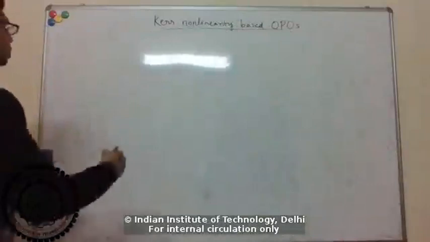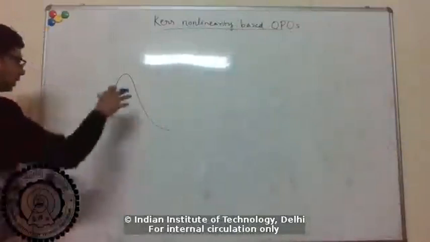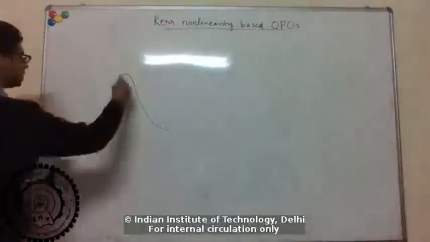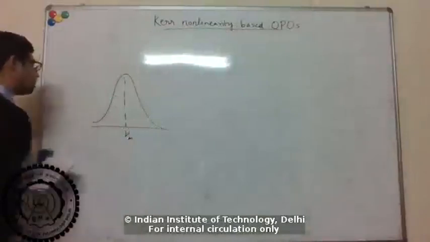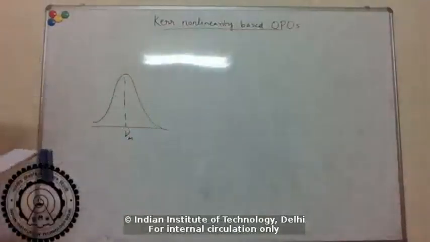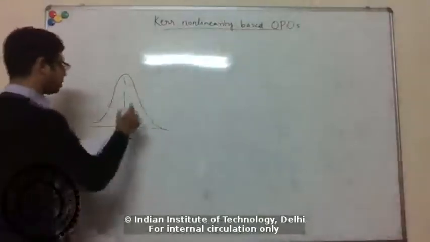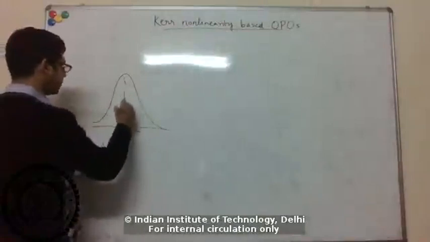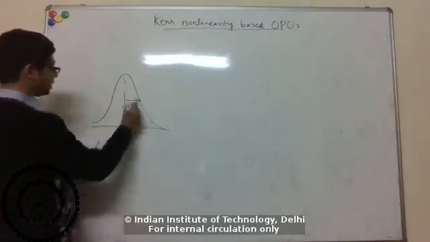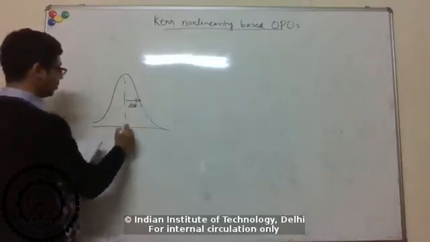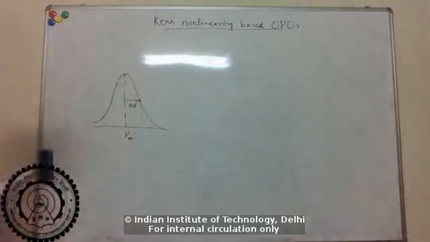Okay, so now let's just look at one resonance. Let's zoom into one of the resonances. This is, let's say, the mth resonance. It has, of course, some line width. Let's look at a point which is delta omega or delta nu away from the peak or center frequency nu m.